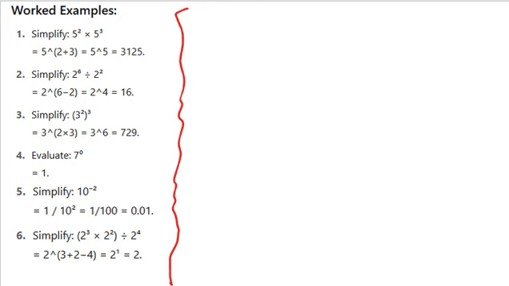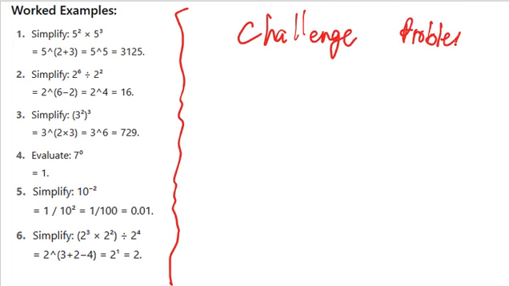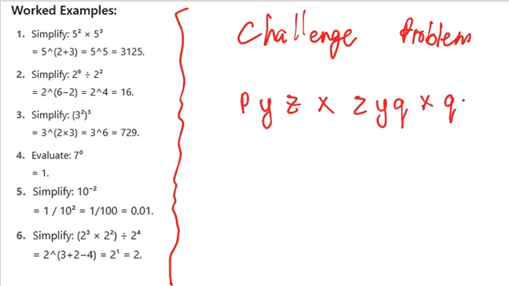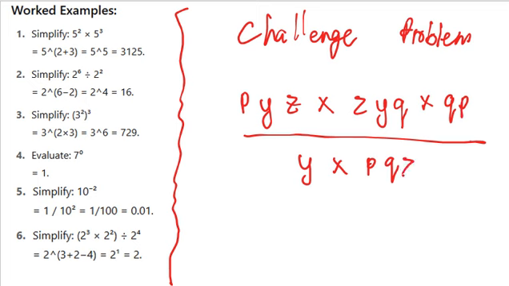The challenge problem is: if you have p y z, y q times q p, all divided by the expression shown, simplify this and tell me the answer that you get.